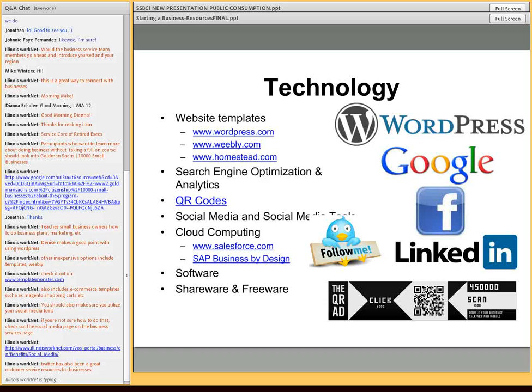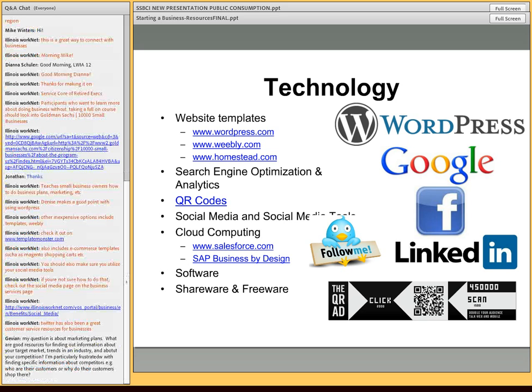SAP has huge, robust IT programs that larger companies use to build technology platforms to make sure everything is integrated between their manufacturing, accounting, sales, and executive management departments. SAP by Design is a cloud computing software program available online that's very inexpensive and can really integrate all of your processes together.